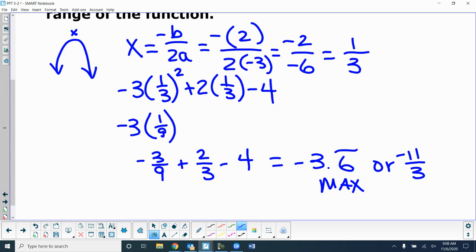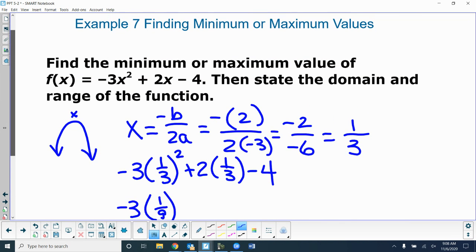Okay? So, here's what we did again. We knew it was a max because it opened down because a was negative. If it opens up, it's a minimum. To find the max or minimum value, find the axis of symmetry first, and then plug whatever you get in for x, and then that answer you get after you plug in is that min or max value. It's the y value of the vertex. Okay?